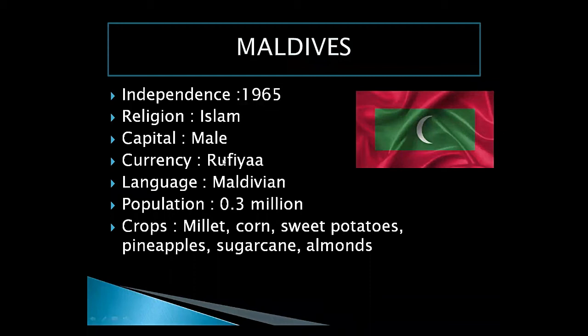The currency of Maldives is rufiyaa. The national language of Maldives is Maldivian. The population of Maldives is around 0.3 million. Famous crops of Maldives are milk, corn, sweet potatoes, pineapple, sugarcane, and almonds.